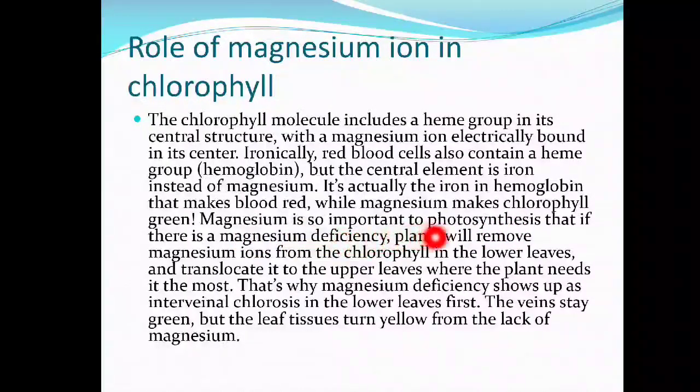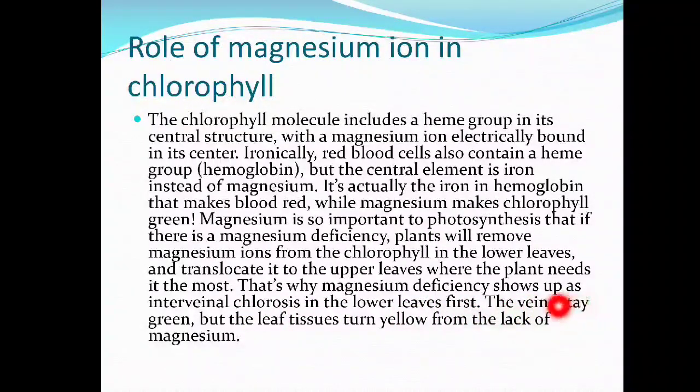Magnesium is so important to photosynthesis that if there is a magnesium deficiency, plants will remove magnesium ions from the chlorophyll in the lower leaves and translocate it to the upper leaves where the plant needs it the most. That is why magnesium deficiency shows up as interveinal chlorosis in the lower leaves first.